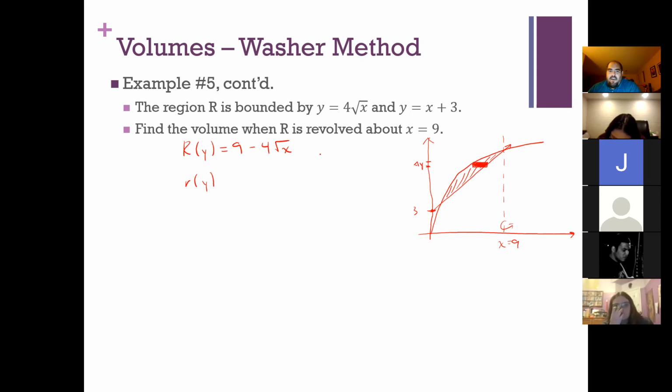So you are saying that the outer radius comes from the parabola, the curve. We okay with that? Good. All right, so 9 minus 4 radical x, are we okay with that? But it has to be in terms of y. Yep, so you chose the right function, but we got to translate that in terms of y.